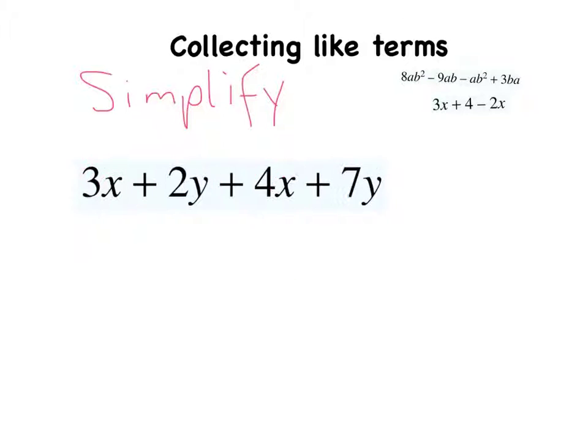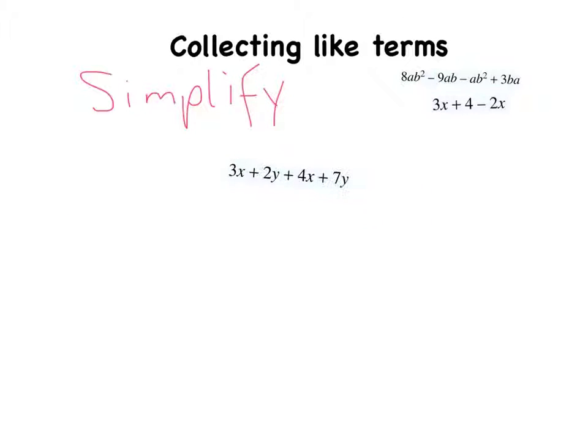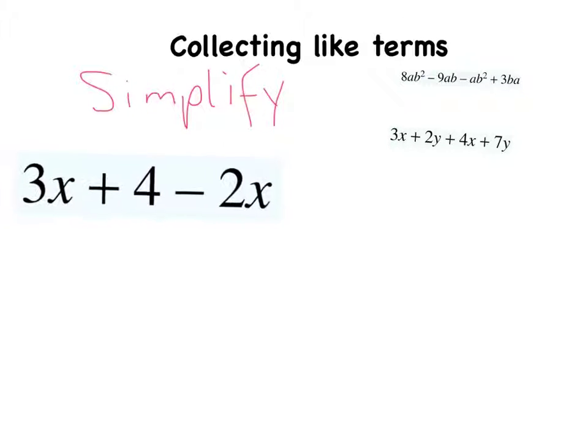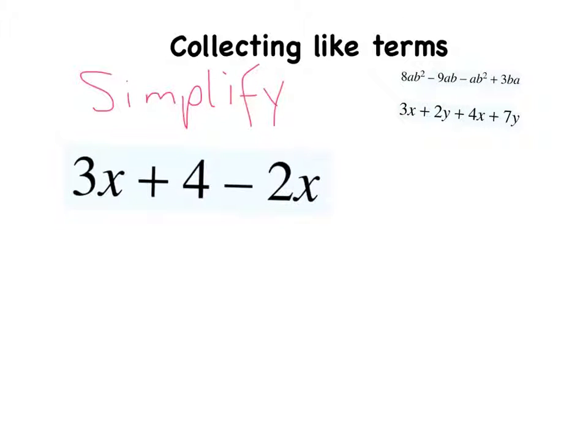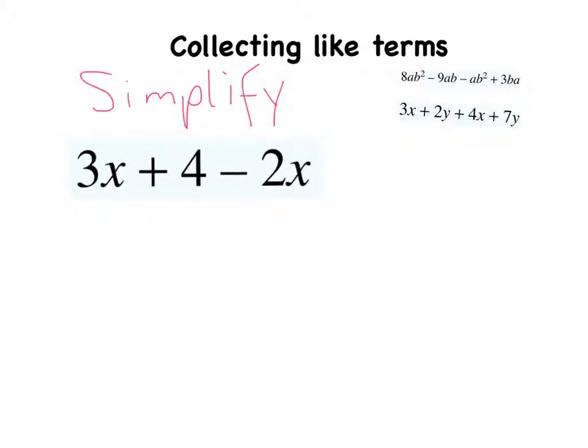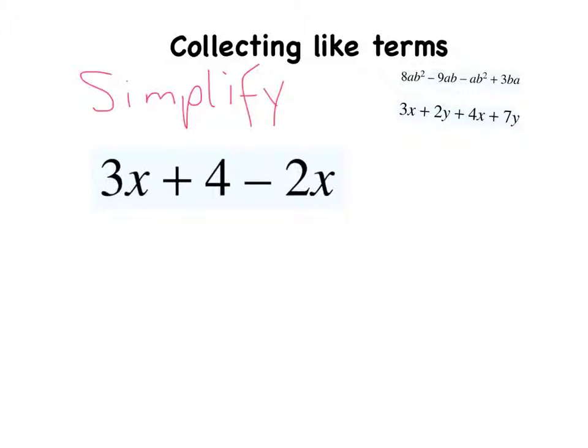Let's look at another example. Okay. What about this one? Simplify: 3x plus 4 subtract 2x. Like terms here, the 3x and the 2x. Plus 4. 3x subtract 2x.